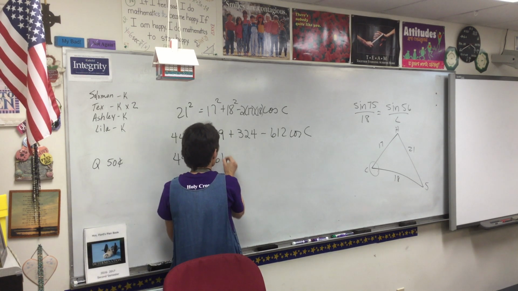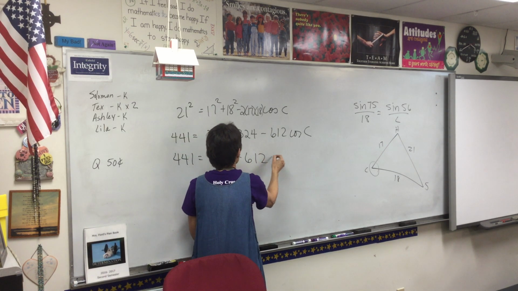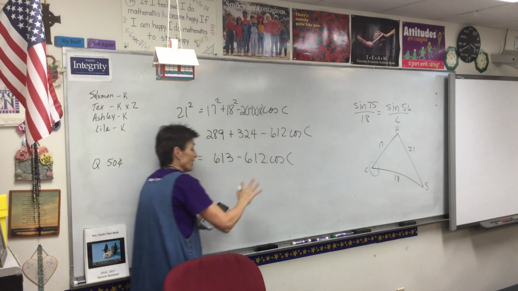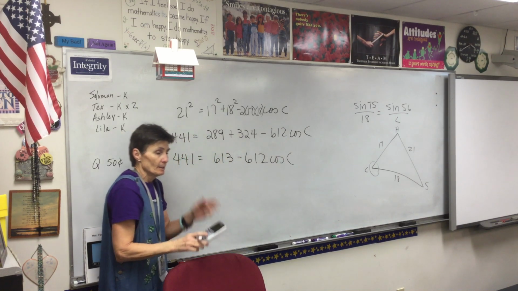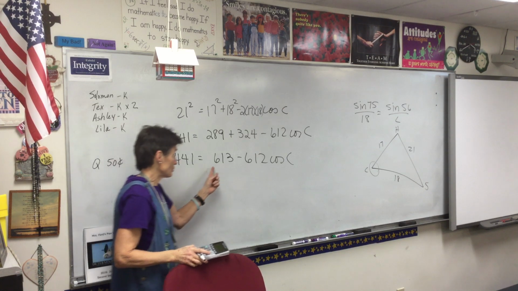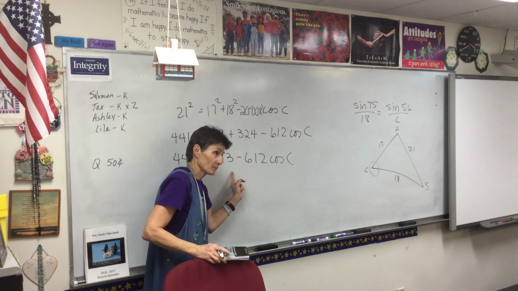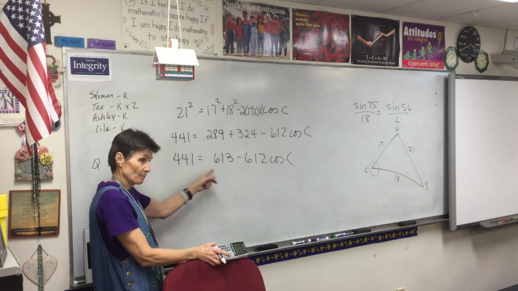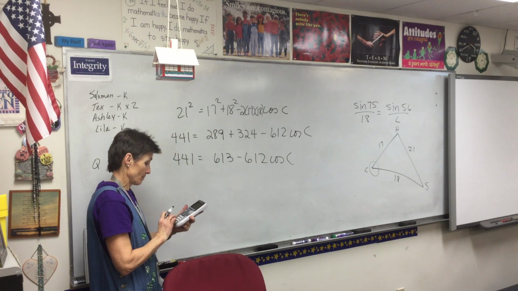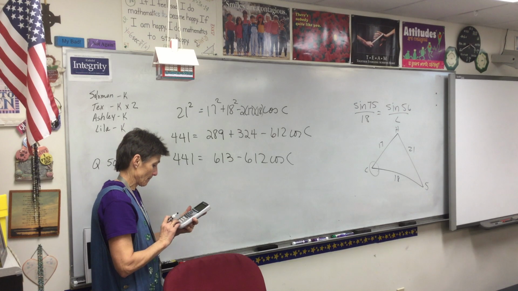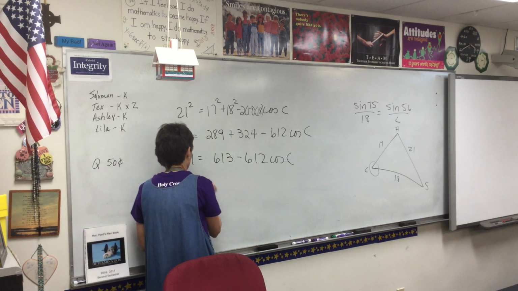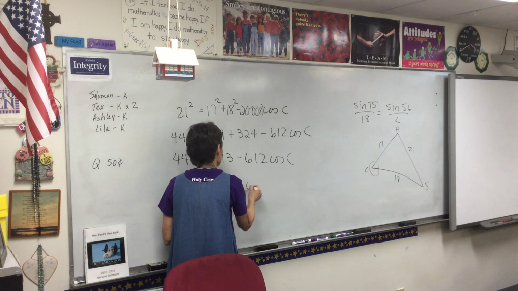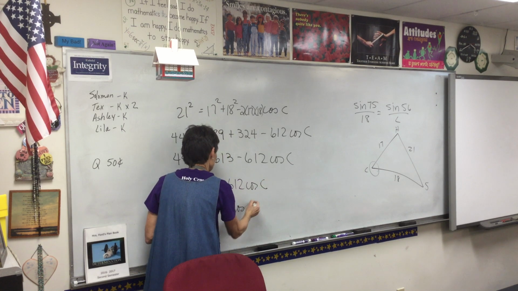So I got 613. Now, this is where we absolutely have to fight the temptation. The temptation is to subtract these two numbers, but we can't. So we can't subtract this way, we have to subtract this way. And then we can divide.